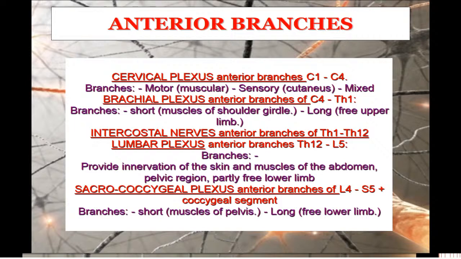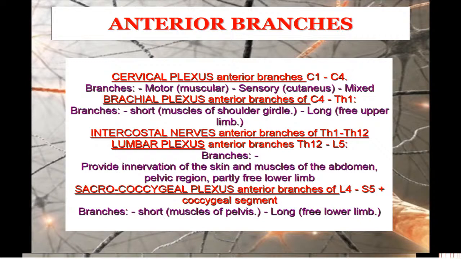So, the cervical plexus is formed by the anterior branches of the first to fourth cervical spinal nerves, also partly including the upper portion of the fifth. The brachial plexus is formed by the anterior branches of the fifth to eighth cervical and the upper portion of the first thoracic spinal nerve.